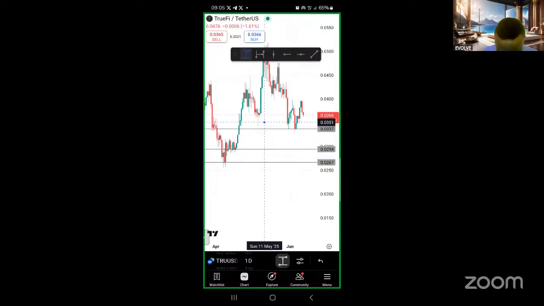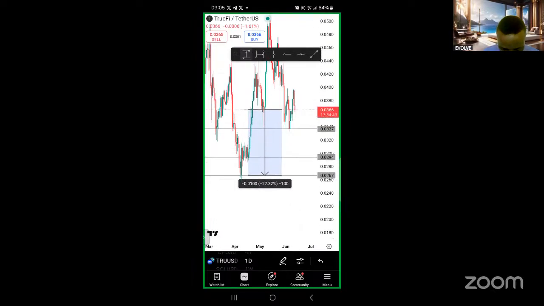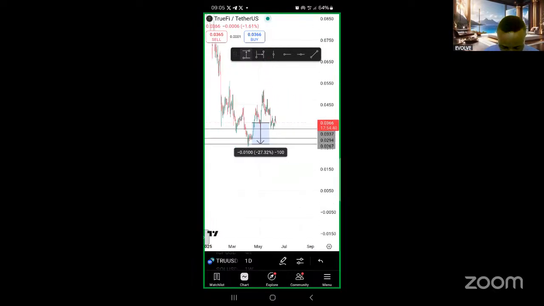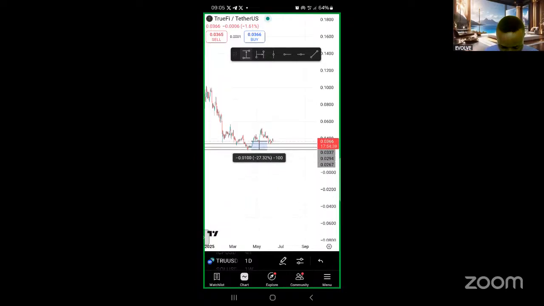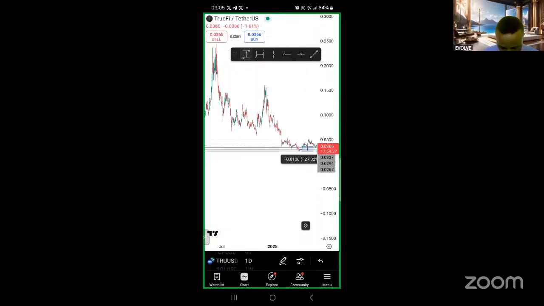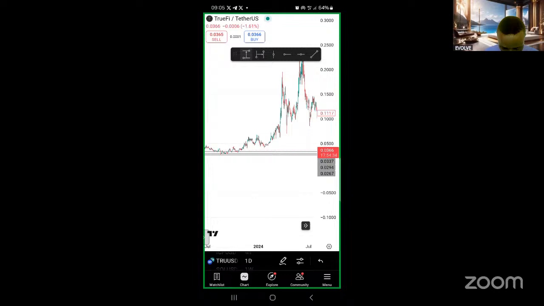We have to measure from the current price. So this coin is down, guys. It's 27 in 1 day interval. It's almost the same as the HBAR. And you can see that there's an opportunity here.